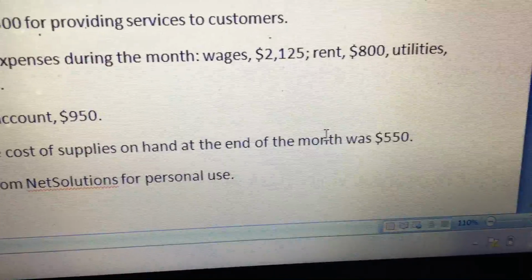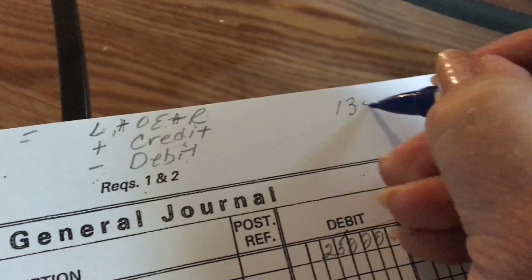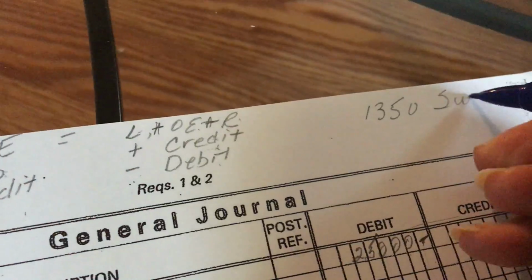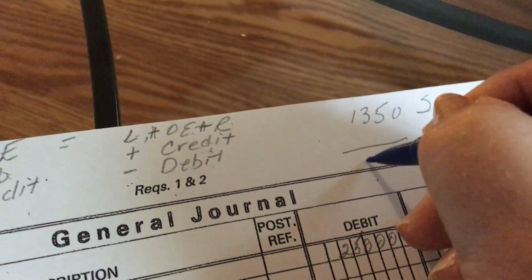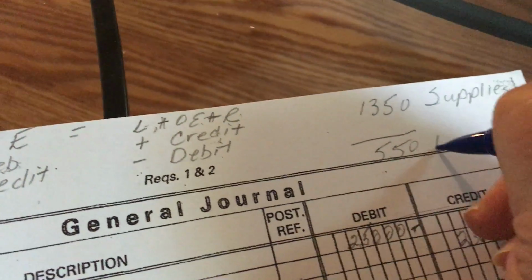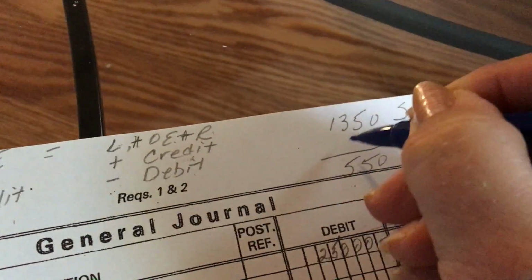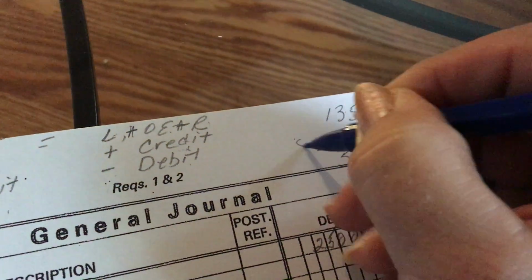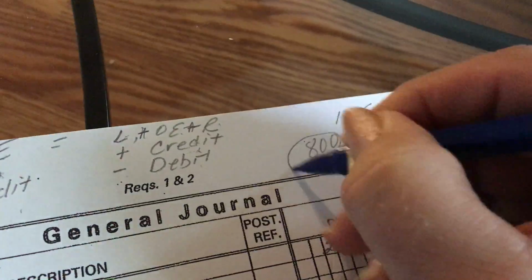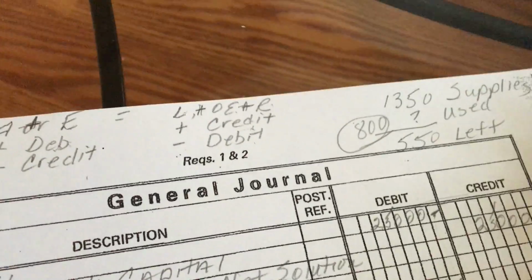Well, let's take a look at how we got that. We started off with $1,350 in the supplies account, and at the end we had $550 left. So the amount that had been used ended up being $800. So that's the amount that we want to use in this transaction.